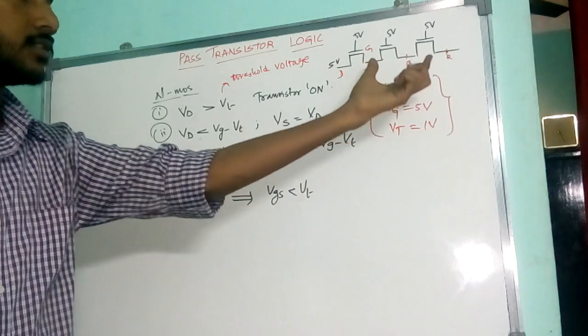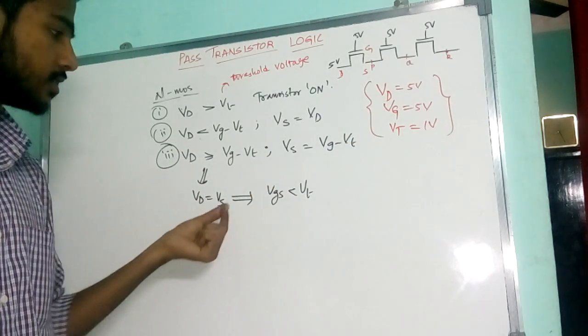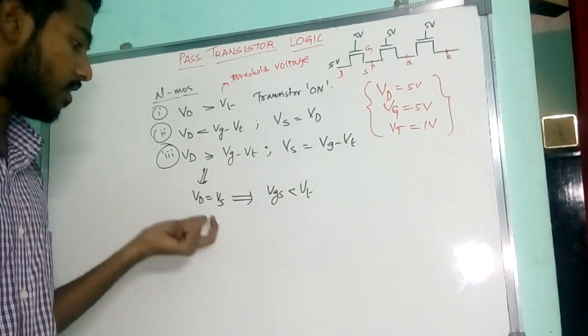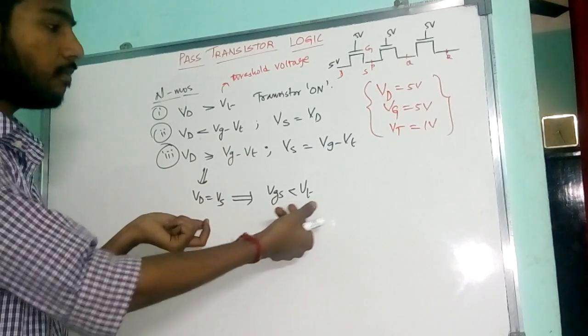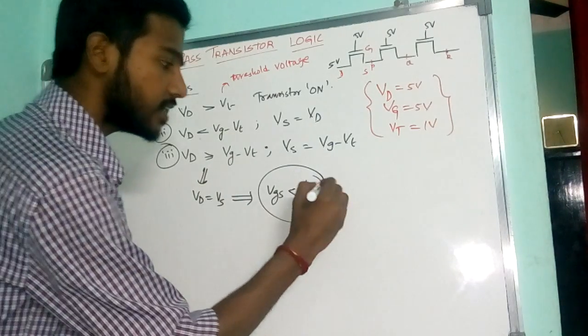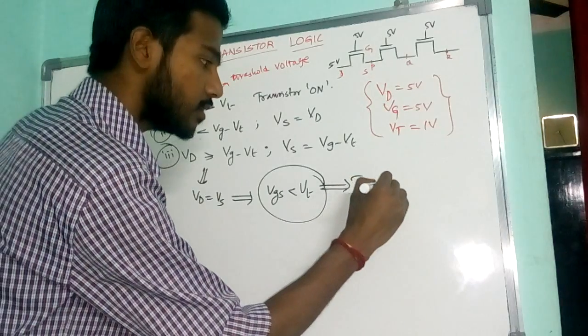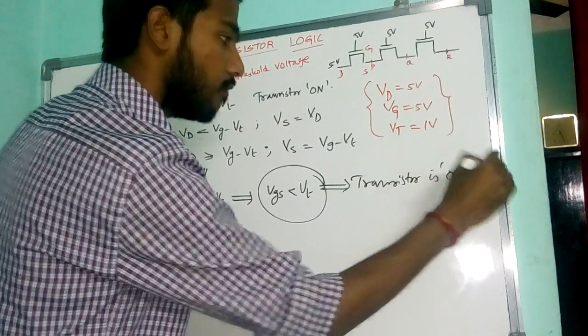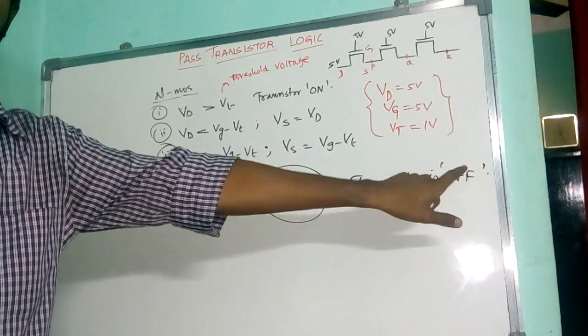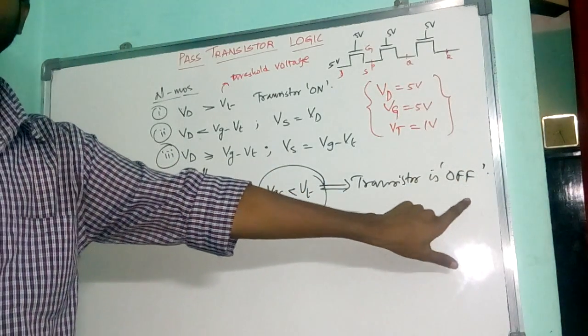You can substitute some values for these conditions, and you can see that whenever my VD equals Vs, my Vgs will be less than Vt, which indicates that my transistor is off. That means the channel has not formed and no current is flowing.